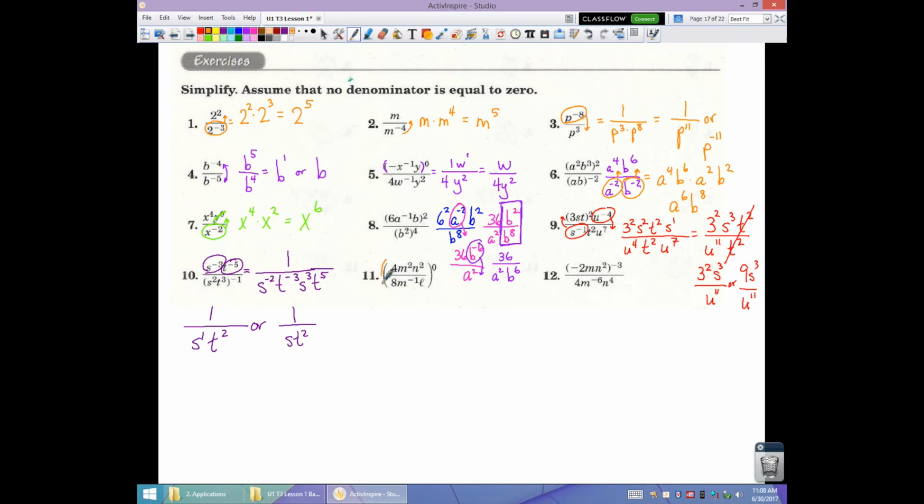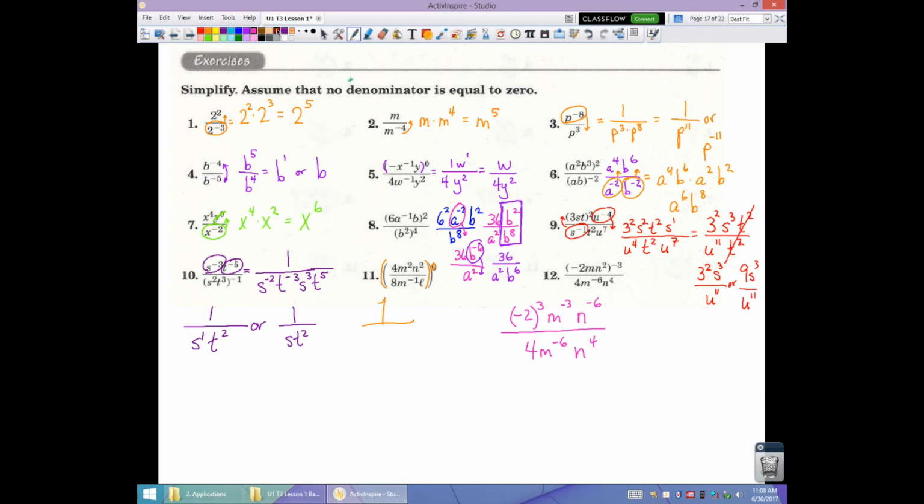Number 11, everything is raised to the 0 power, so your answer is just 1. And here at number 12, I'm going to apply that negative 3 exponent in the numerator to everything inside those parentheses. So that's negative 2 to the 3rd, m to the negative 3, n to the negative 6th, all over 4 m to the negative 6th, n to the 4th.